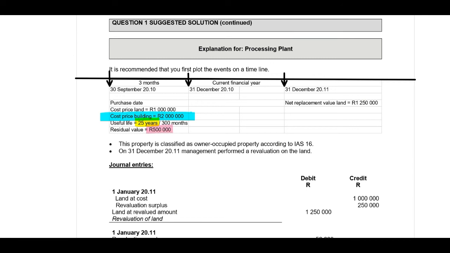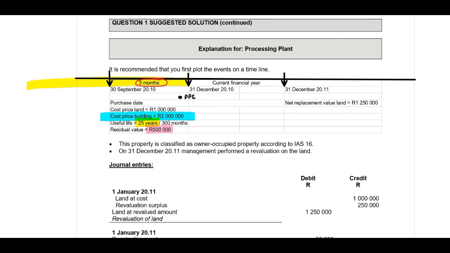Now, in our PPE note, we have to include an opening balance. Therefore, our opening balance will relate to the information of our prior year for this, guys. Therefore, we will have to calculate depreciation for 3 months, October, November, December. Right.